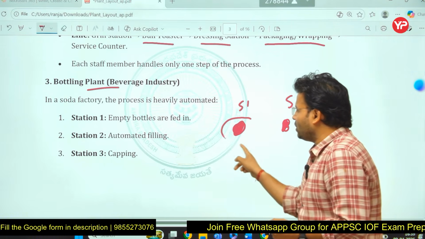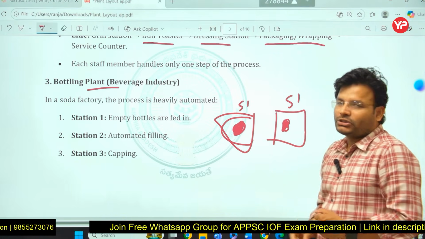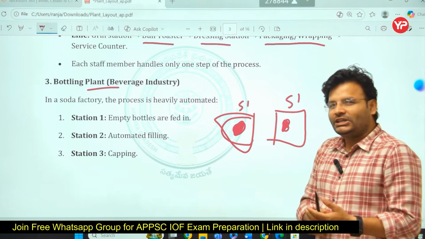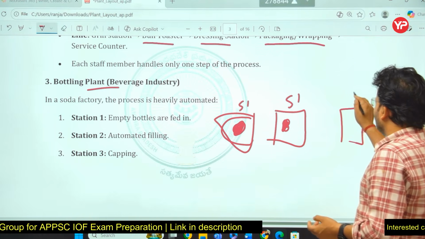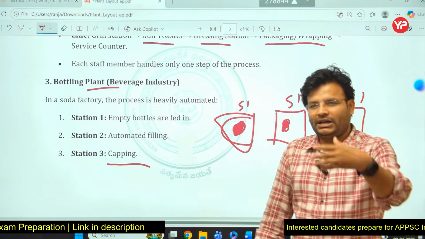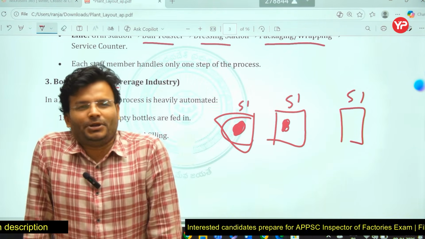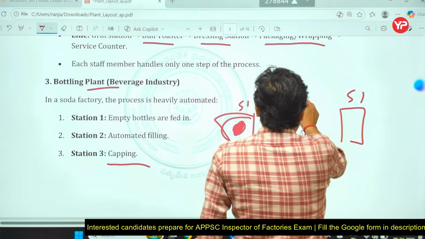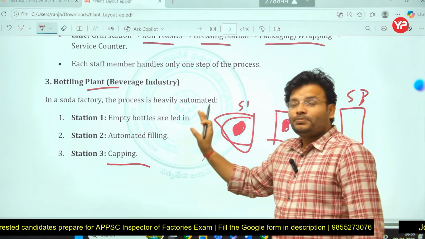First we put the empty bottles at one station, then all the empty bottles are filled with liquid, either water, Coca-Cola, Sprite, or anything. After that you come to the third position, S3, where capping is done, and after that you go to another station for distribution. So S1, S2, S3, that is simply called line or product layout.